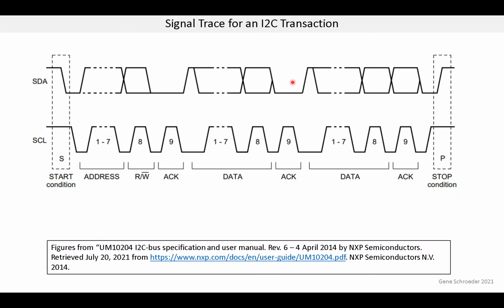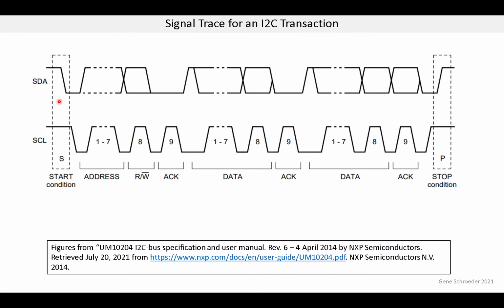Now the final thing I need to mention are the start and stop conditions, for instance here. These are special unique bus signal patterns. The uniqueness is based on the fact that when data is being transmitted, the SDA signal does not change while the SCL signal, the clock, is high.